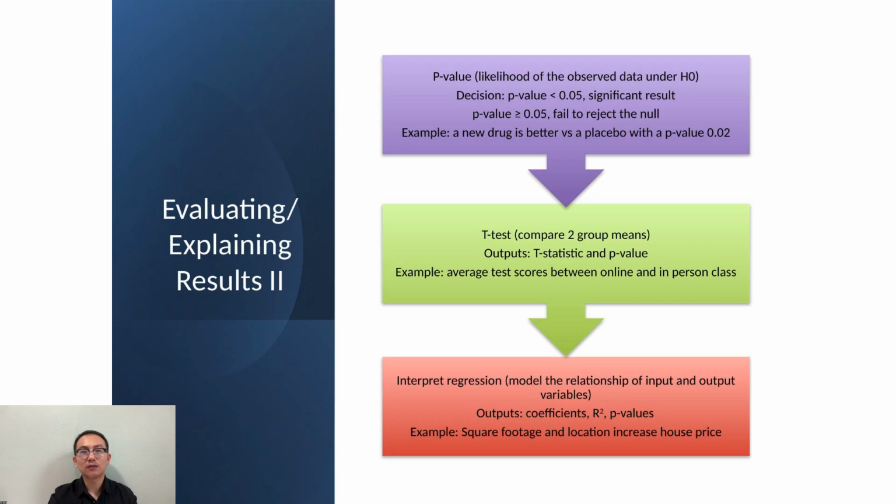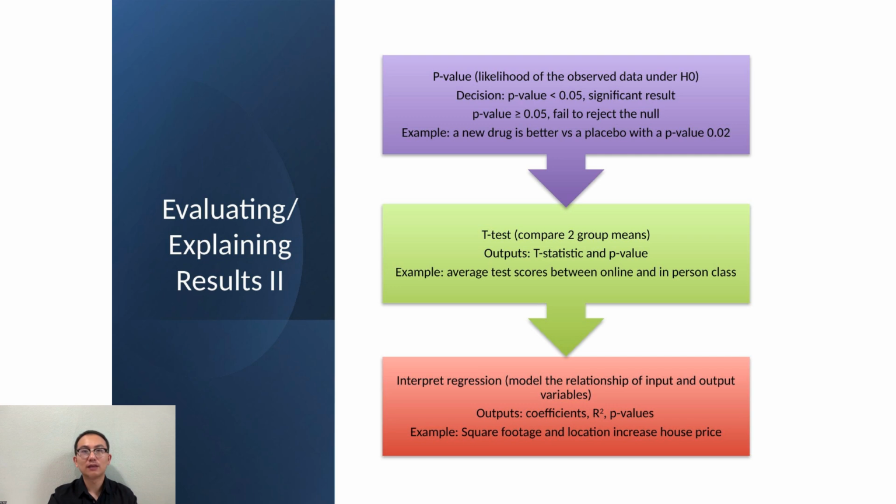But if the p-value is higher than or equal to 0.05, the evidence isn't strong enough and we fail to reject the null hypothesis. For example, suppose a new drug is being tested against a placebo and the p-value comes out to 0.02. That's below 0.05, so we'd say the drug has a statistically significant effect.